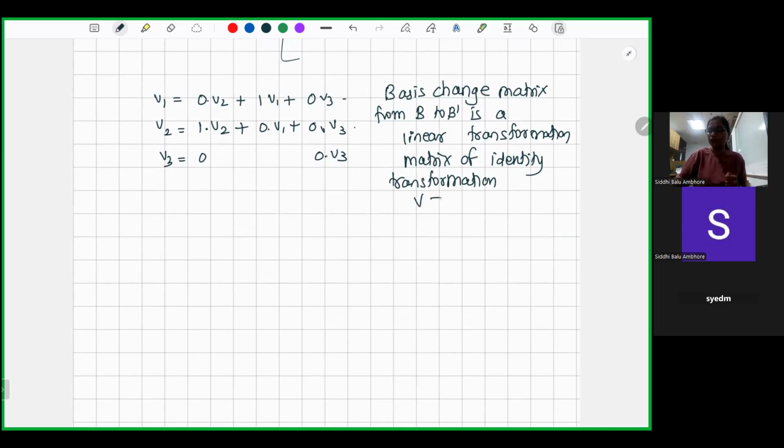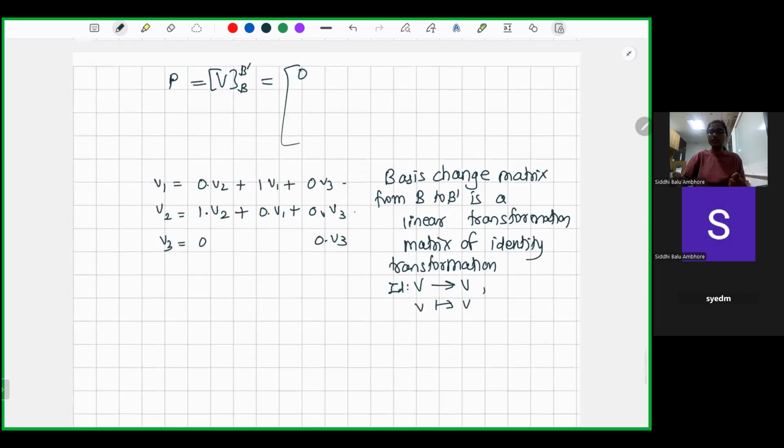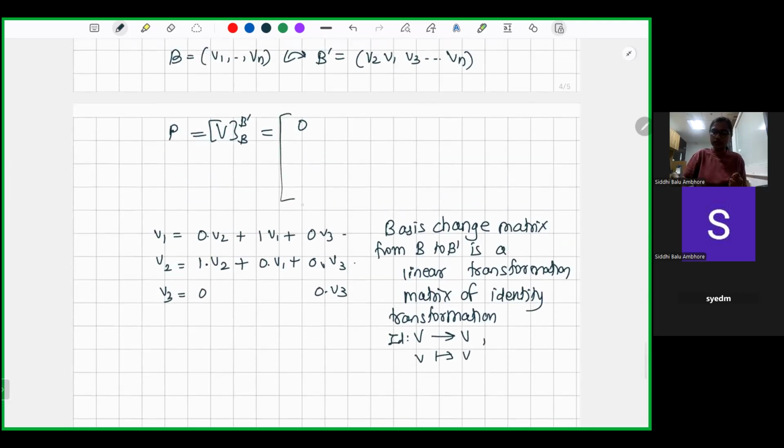If we are talking about V, it is the identity from V to V, such that each X goes to X. It is taken corresponding to B dash. Take the image of V1: identity of V1 is just V1, but how is V1 expressed in terms of basis B dash?